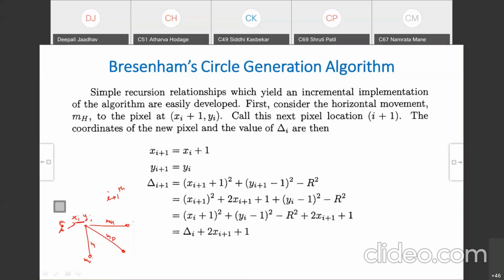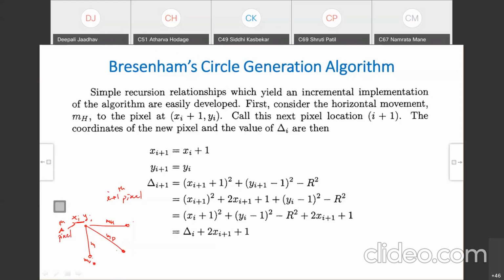In the raster system we select pixels one by one. Instead of point, we normally call it a pixel in the raster system. So this is the ith pixel. The next one that we are going to select is the I plus 1th pixel, which may be this one or this one.